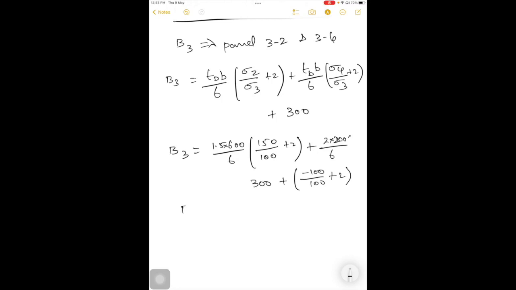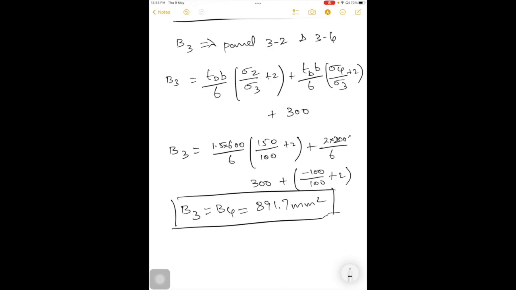So if you solve, you will get B3 equal to B4 equal to 891.7 mm square. So these are the boom values, or the boom's concentrated area of each one.